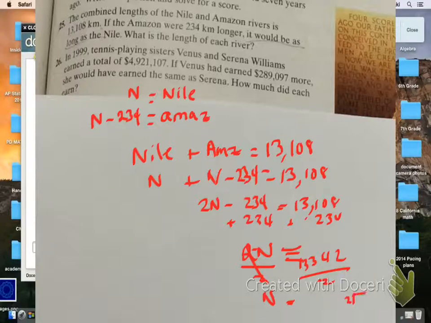2 into, sorry, it's such a mess. Using my finger is very difficult. 2 into 13,342 would be, it goes 6 times.